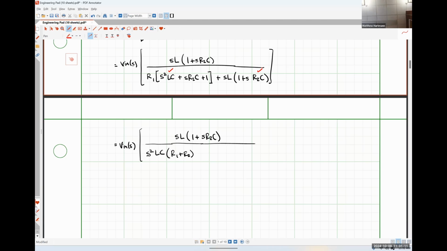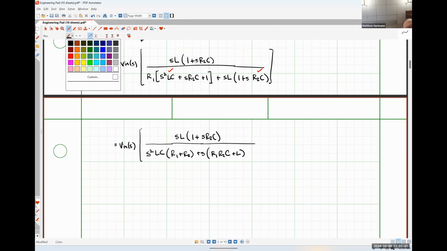For just the S by itself, so S to the first order, I'm going to have S times R1 times R2 times C from this term right here. And then I'm going to have S times L from this term, or multiplied by 1 from this term right here. And so that's going to give me S times R1, R2, C plus L. So that's me taking care of this guy and this guy.